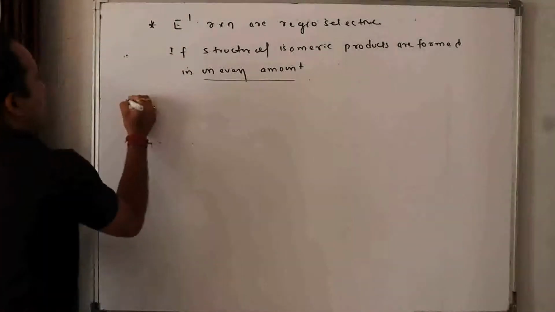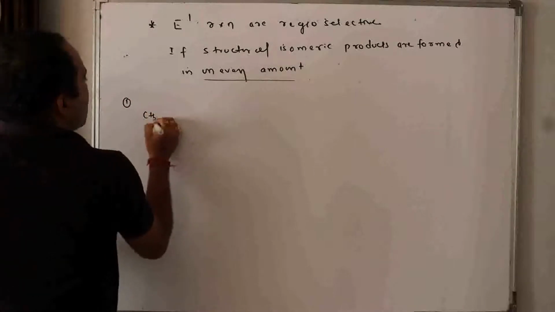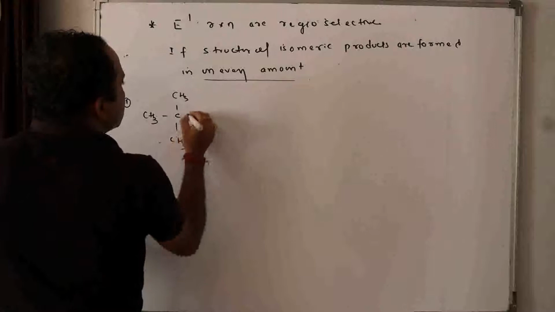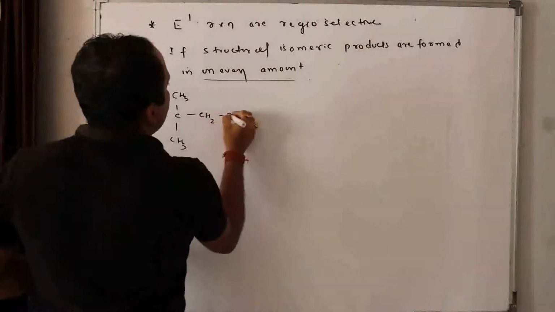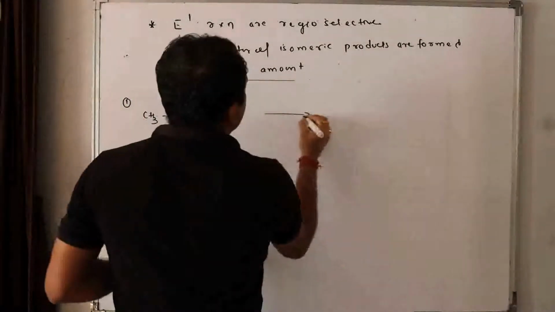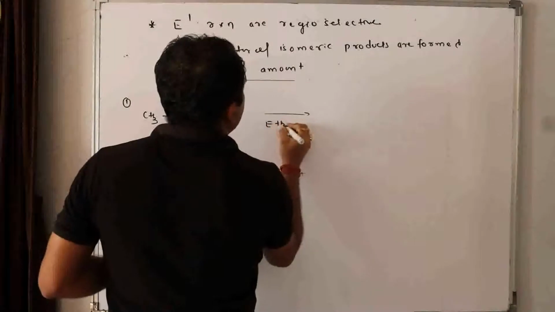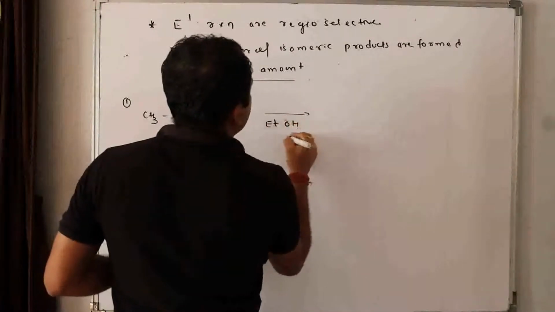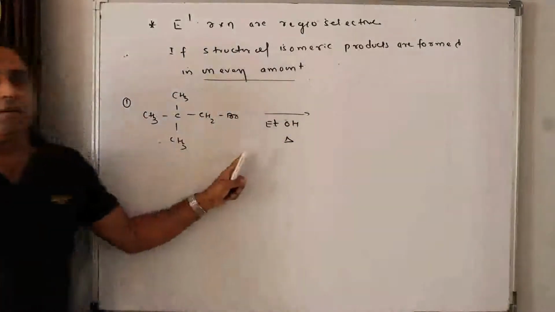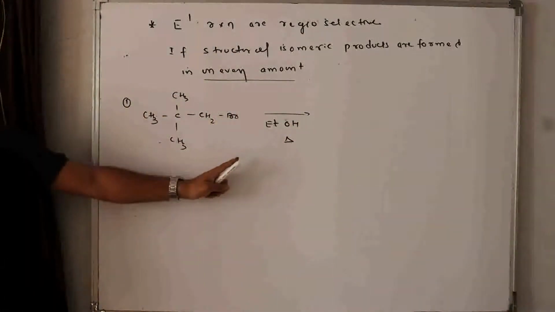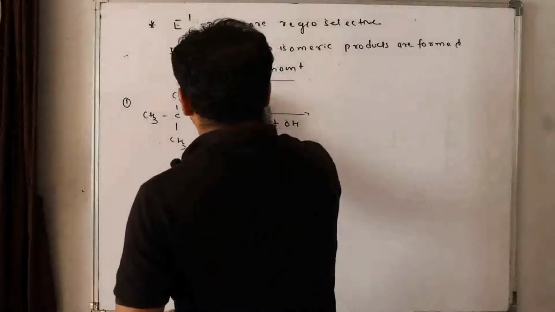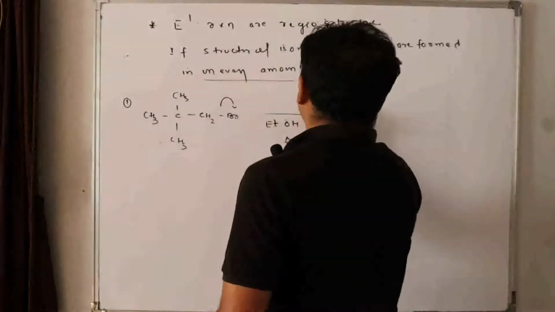Now, CH3 C CH3 CH3 CH2 Br. To this, if I add ethanol and heat, what will be the product formed? In this case, three things will be formed. First of all, bromine is removed. What will be formed?